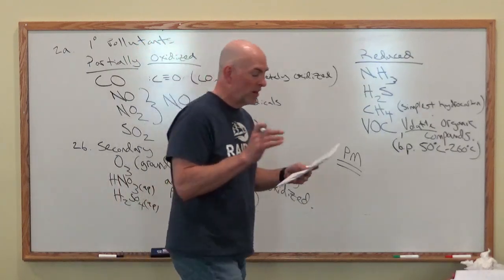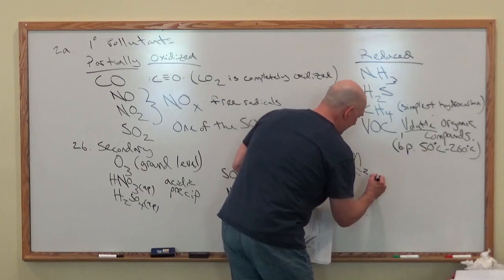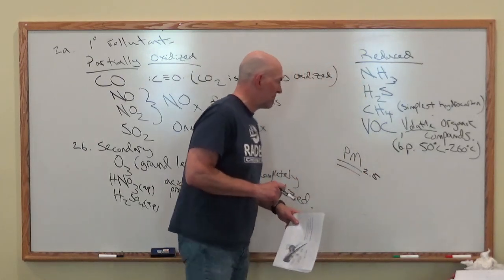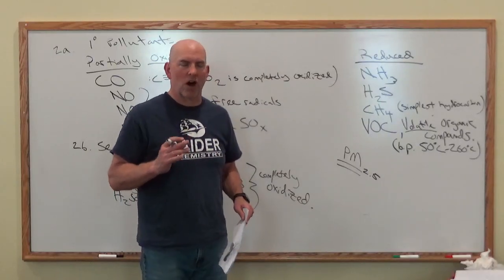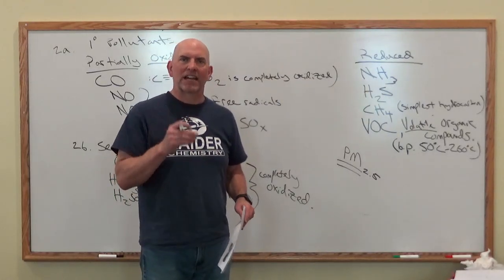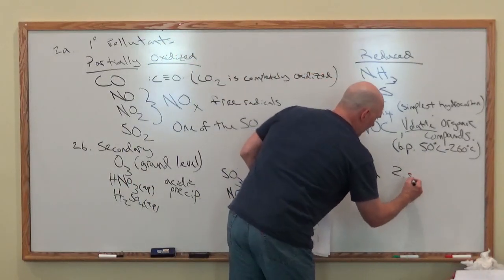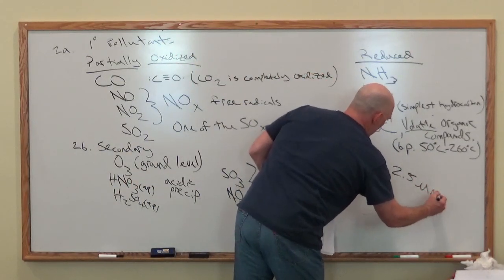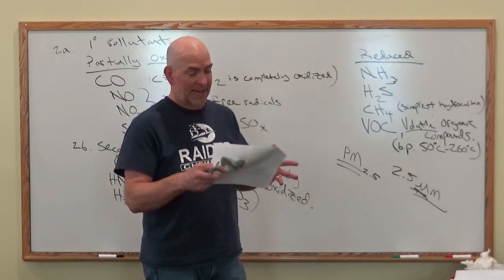But the one you'll hear a lot about is PM 2.5. So that's particulate matter that has a size of about 2.5 microns, which is the same thing as a micrometer. So 2.5 micrometers, and we're going to learn more about micro, or relearn about that later.